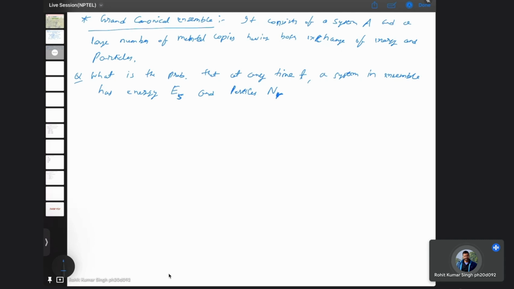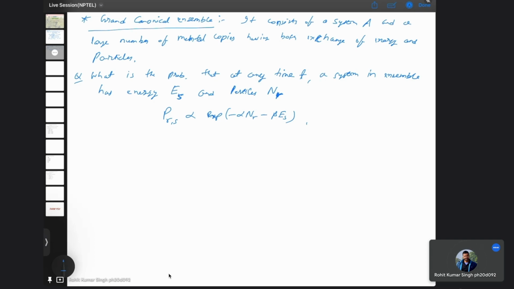S and R are dummy variables. And this probability is given by, again, an exponential of these two quantities, where alpha and beta are two constants.